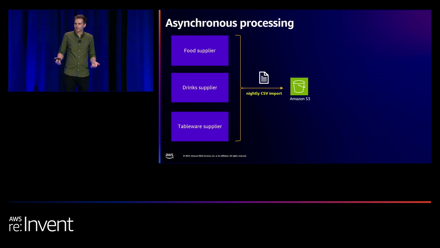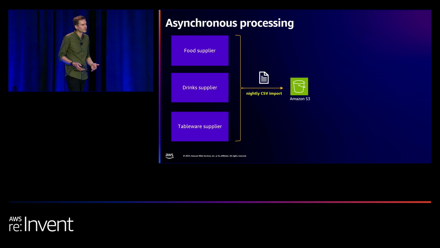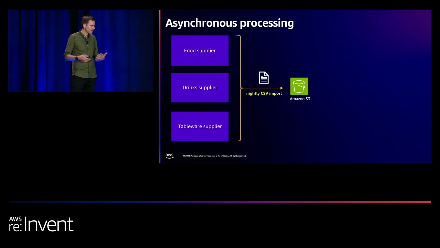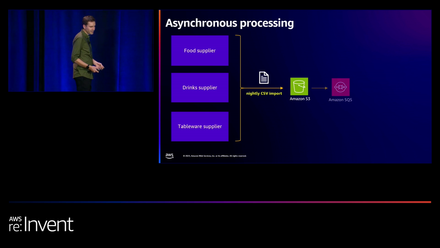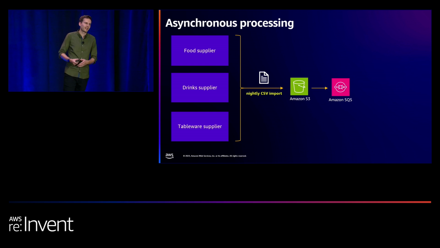Once the file is uploaded to an S3 bucket, we can use a feature of S3 called event notifications to essentially say when an object is stored inside the bucket, we will send a message to the SQS queue.